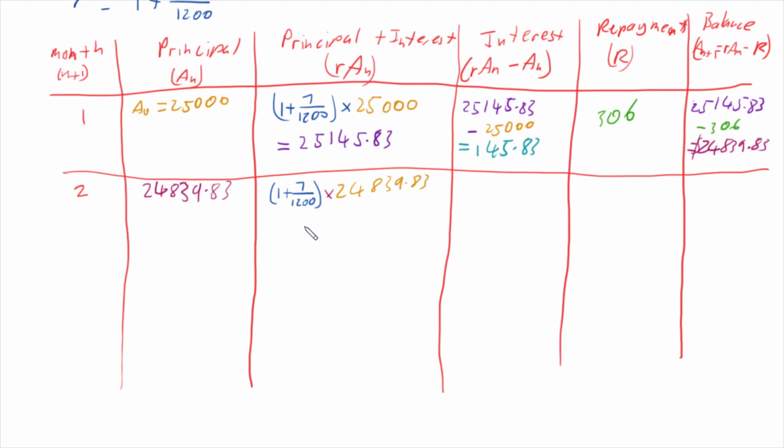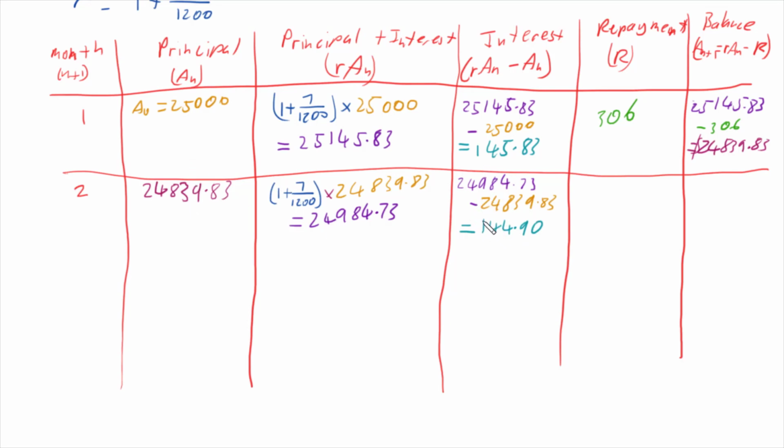And that's going to give us the principal plus interest for this period, which is $24,984.73. We're going to take that number and we're going to minus off the principal we have for this period, 24,839.83. And that's going to give the interest that we ended up having to pay this month of $144.90. And we can notice that it got smaller, which it should have because we've got a smaller principal.